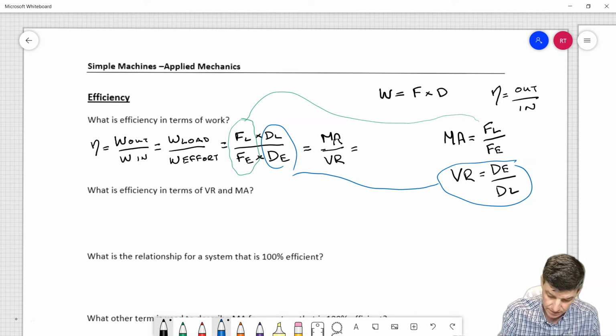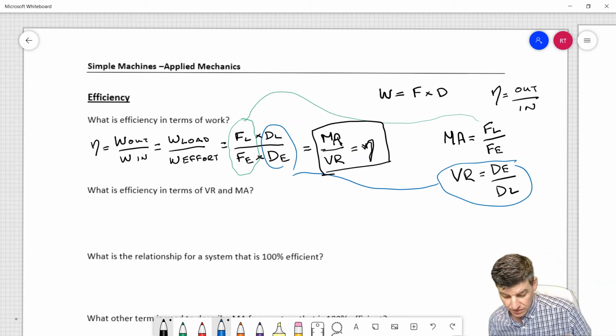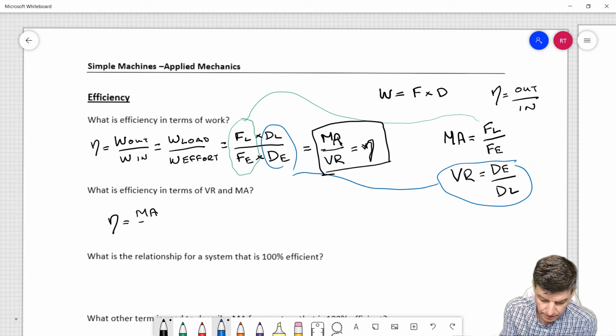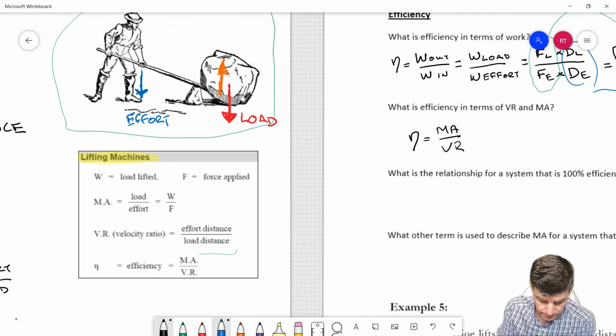So we have this equation which says the efficiency, by the way, I've used this Greek symbol for efficiency, is going to be the ratio of the mechanical advantage compared to the VR. Okay. So efficiency in terms of VR and MA, efficiency is MA upon VR. And that guy is given to us in our academic supplement. So the efficiency of a simple machine is MA divided by VR, and you've got that symbol there equivalent to efficiency.